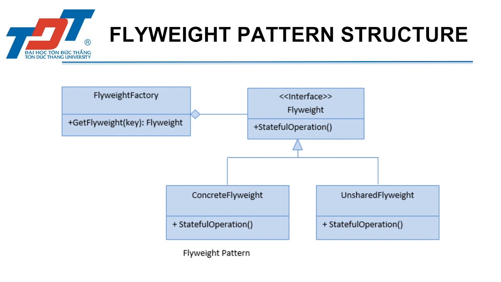The flyweight factory class creates and manages the flyweight objects. With the unshared flyweight, although the flyweight design pattern allows for information sharing, it's possible to create instances that are not shared. In such cases, the information of this object may be stable. And we have another class, the client class. It utilizes flyweight objects to perform its task.